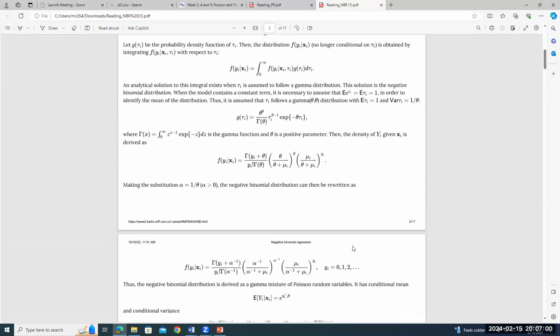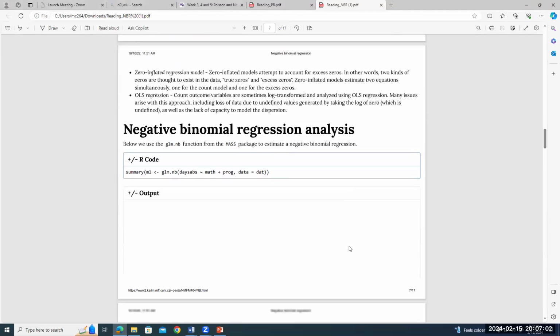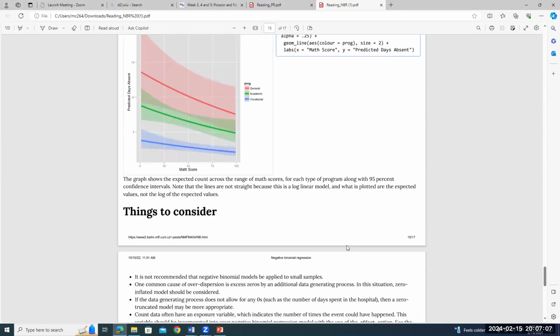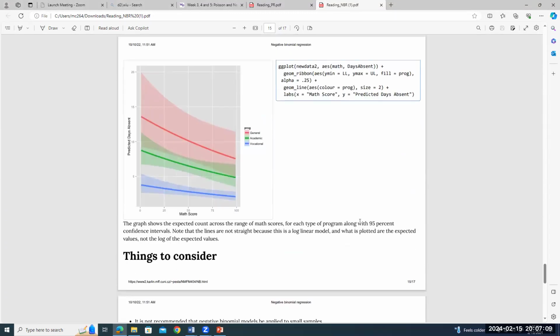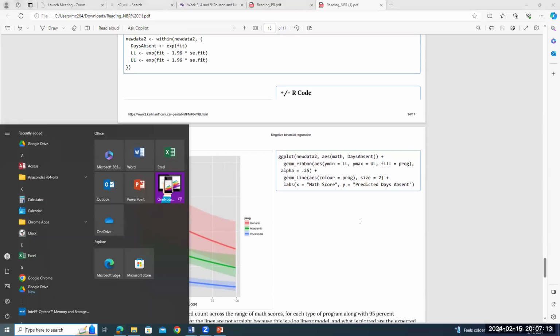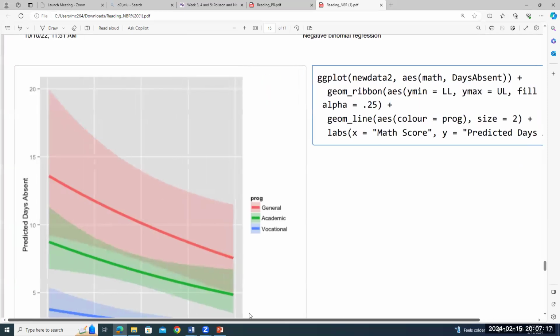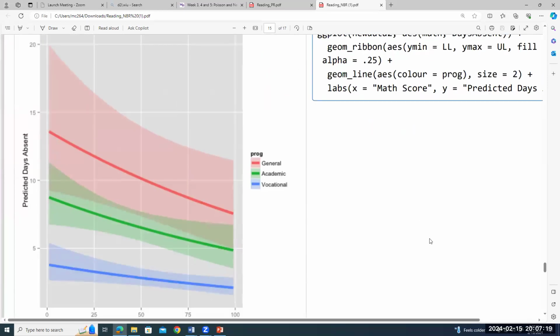So in one of the questions, I ask you to do this plot. Let me explain this plot to you, okay? Are you seeing here it is written general, academic, and vocational?